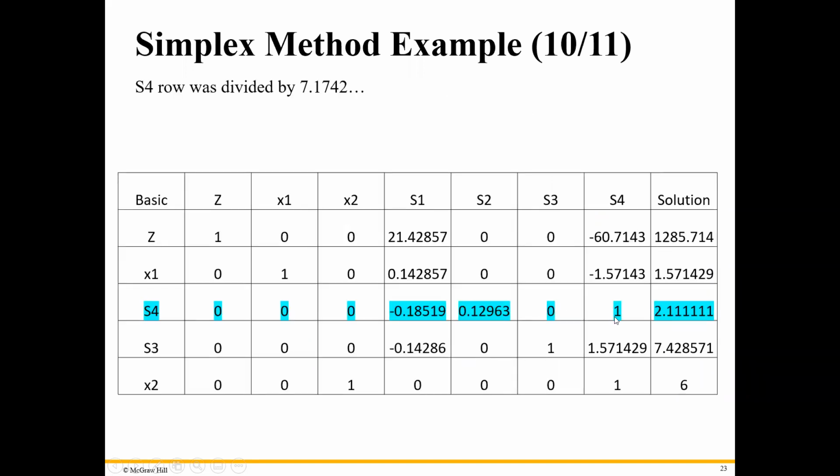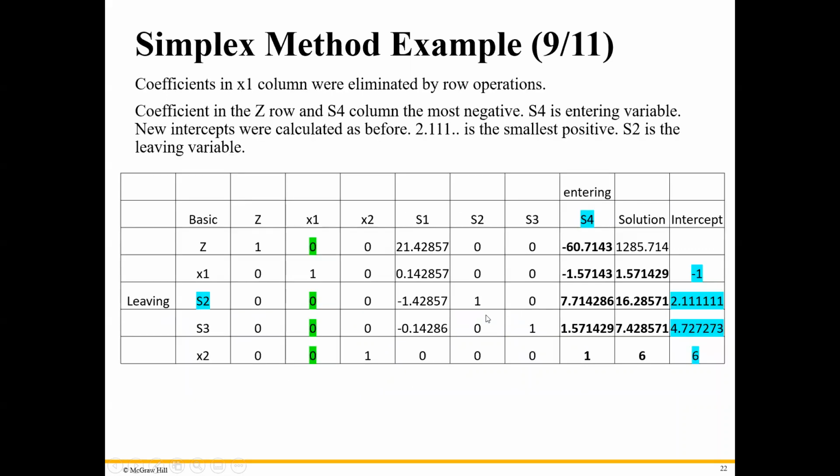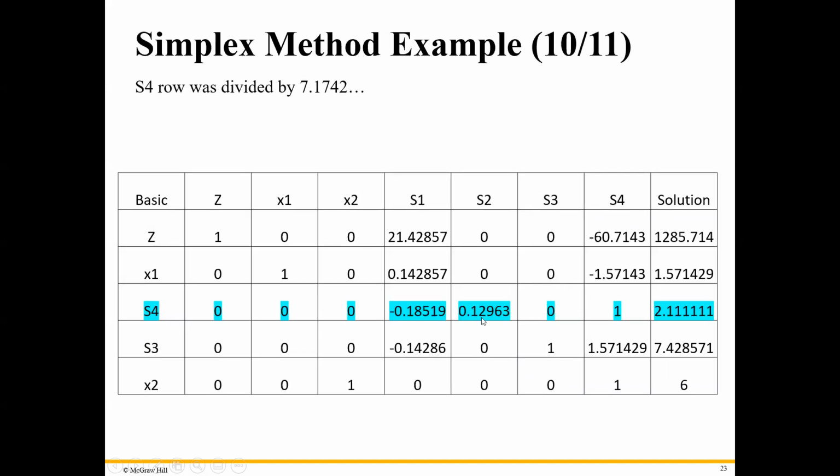That is what has been done over here. So it will be 2.111, and then earlier this value was 1, so 1 divided by 7.71 will be 0.12963. So this will become 1.